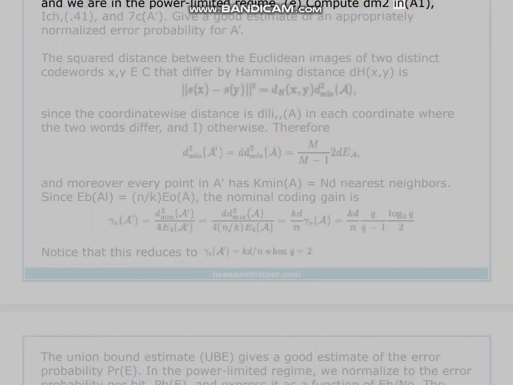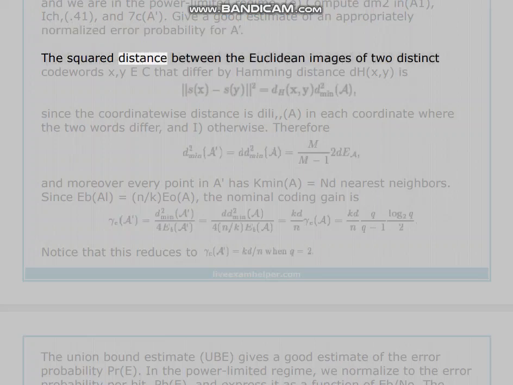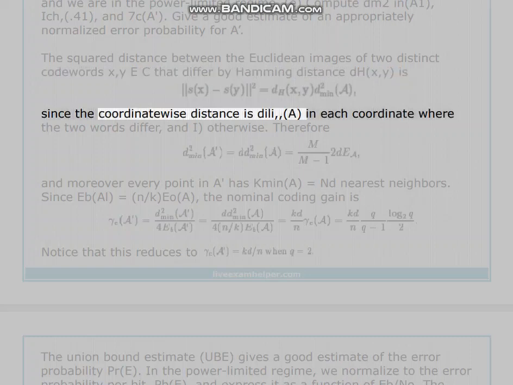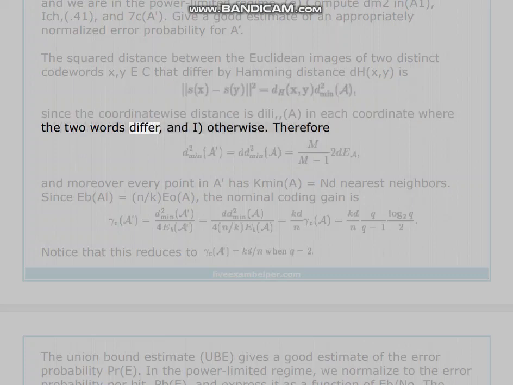E. Compute d²_min(A'), k_min(A'), and γ_c(A'). Give a good estimate of an appropriately normalized error probability. The squared distance between the Euclidean images of two distinct codewords x, y ∈ C that differ by Hamming distance d_H(x, y) is proportional to d_H(x, y), since the squared distance is nonzero in each coordinate where the two words differ, and zero otherwise.